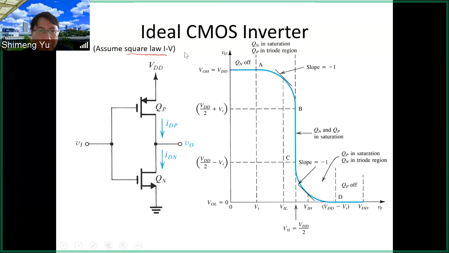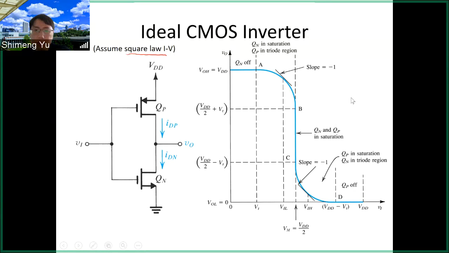If we use this assumption, then we can redraw the VTC, and it will look like something shown here. So the transition will be very sharp if we assume this ideal square law IV.